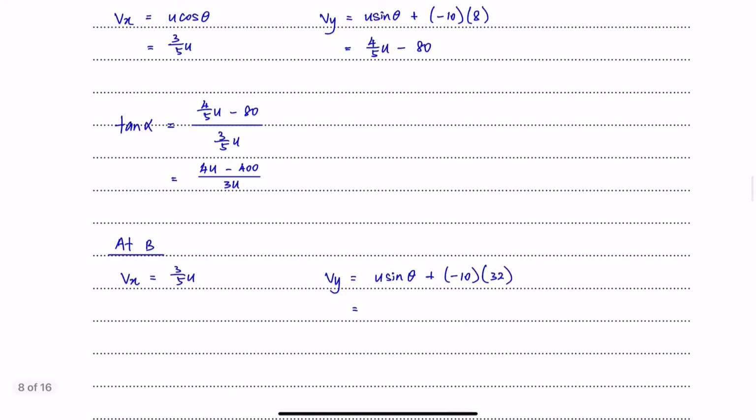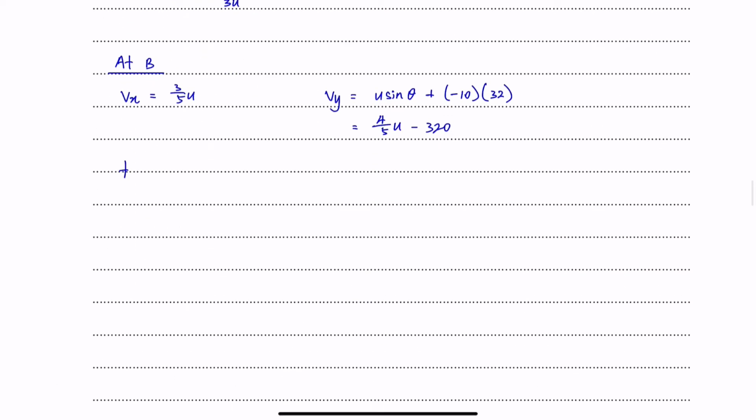So this would be 4 over 5 u minus 320. So the direction of motion, let's call the angle beta, would be (4 over 5 u minus 320) divided by 3 over 5 u. So this will give us (4u minus 1600) over 3u.